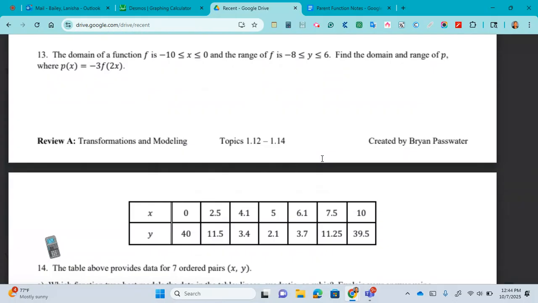All right, the domain of the function f, which is our what values? Our x values, is from negative 10 to 0. Range, which is our y, is from negative 8 to 6. That negative is in front of the function. In order for my y to be negative, it has to reflect across the x-axis.